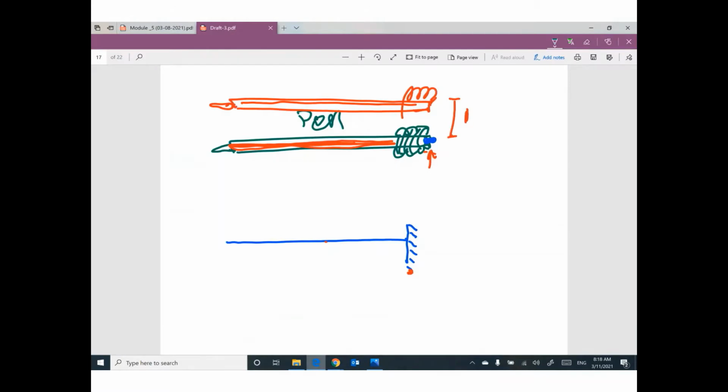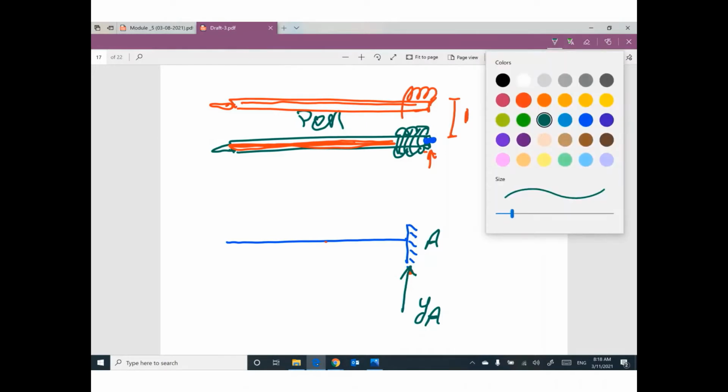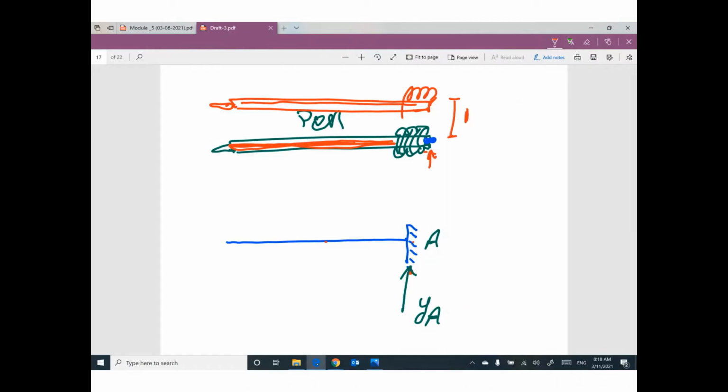So that means for this fixed support, we have a vertical reaction. For example, this support is A, so we have YA. Move, keep, the new deflected shape. Move the support by unit displacement, 1.